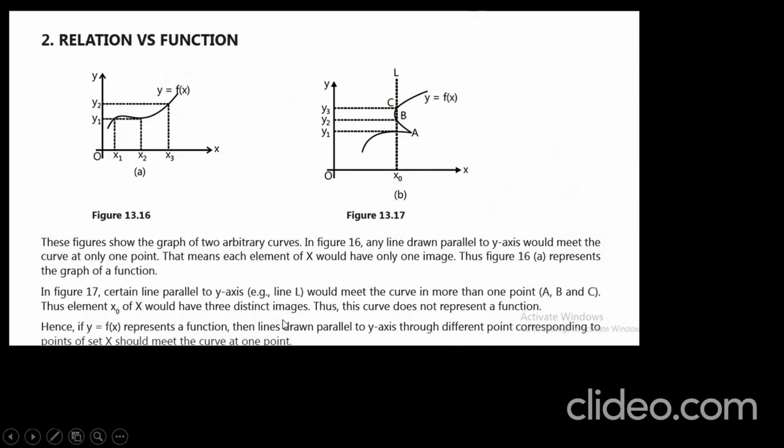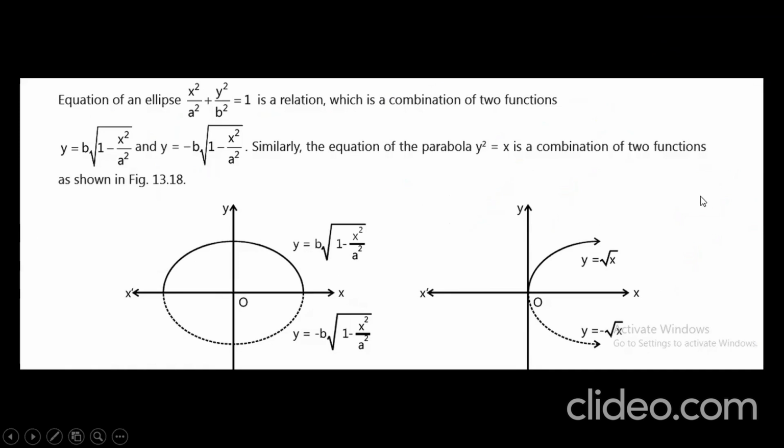Let us move to the next part. Here we know x square by a square plus y square by b square is equal to 1. It's a relation which is a combination of two functions. What are those? We can make y the subject, and you are getting plus b and minus b.